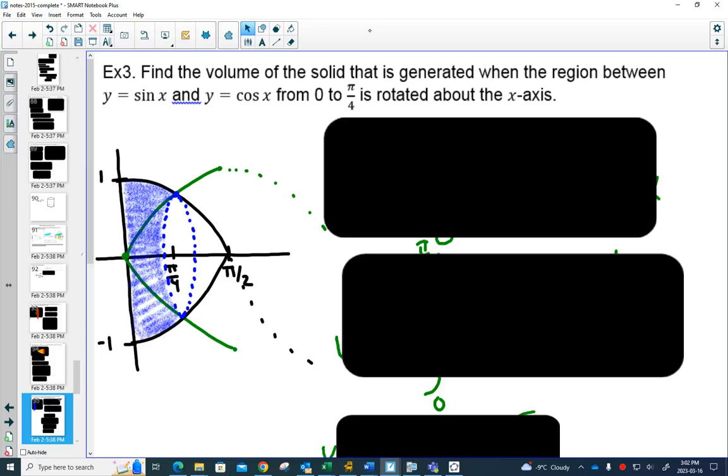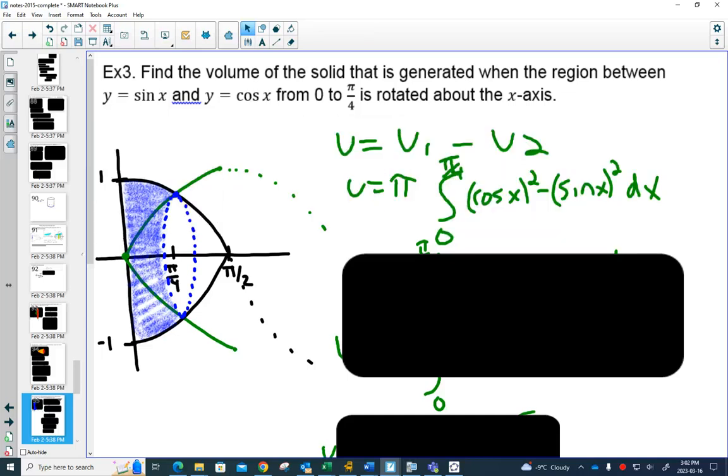From 0 to pi over 4, it's going to be the volume of the one minus the volume of the other one. And because integrals can be put together, you could factor out the pi, and it will just go from 0 to pi over 4 of cos squared x minus sine squared x.